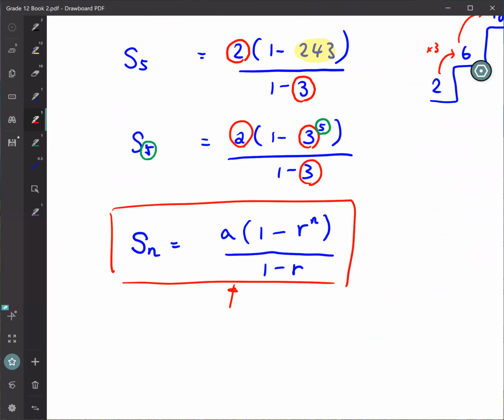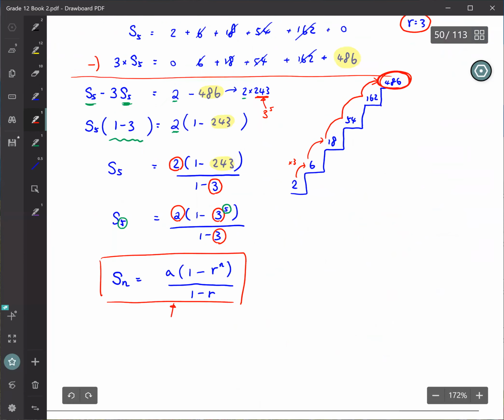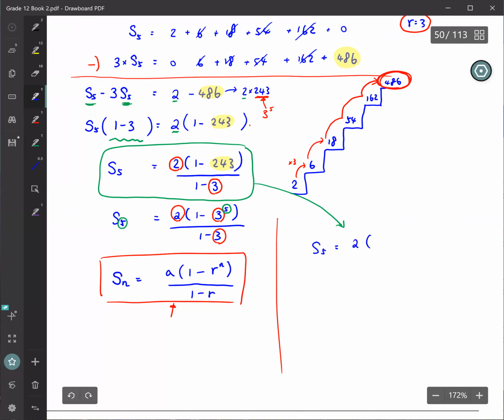Now let's try to get another formula, okay? So I'm going to grab this one. Let me see, okay, let's take this one. Okay, the green box, I'm going to put it over here. You guys can draw a line in the middle. So I'm going to copy that over here again. Okay, and then over 1 minus 3.